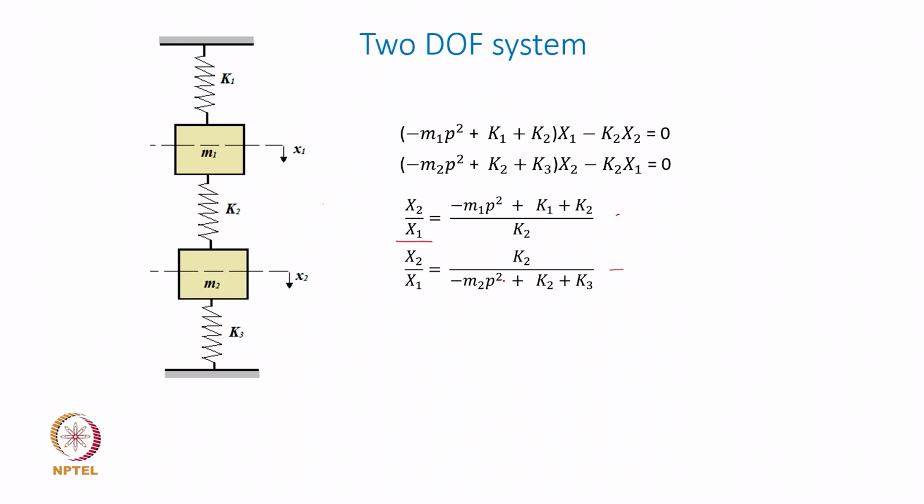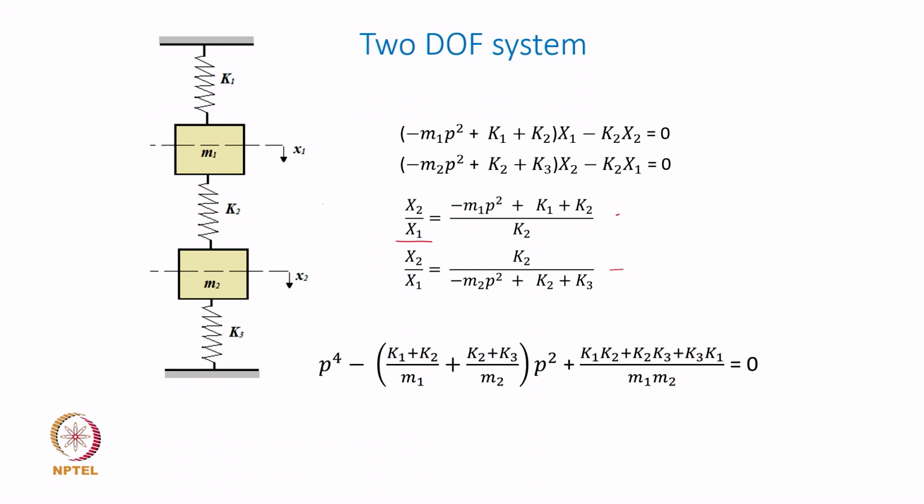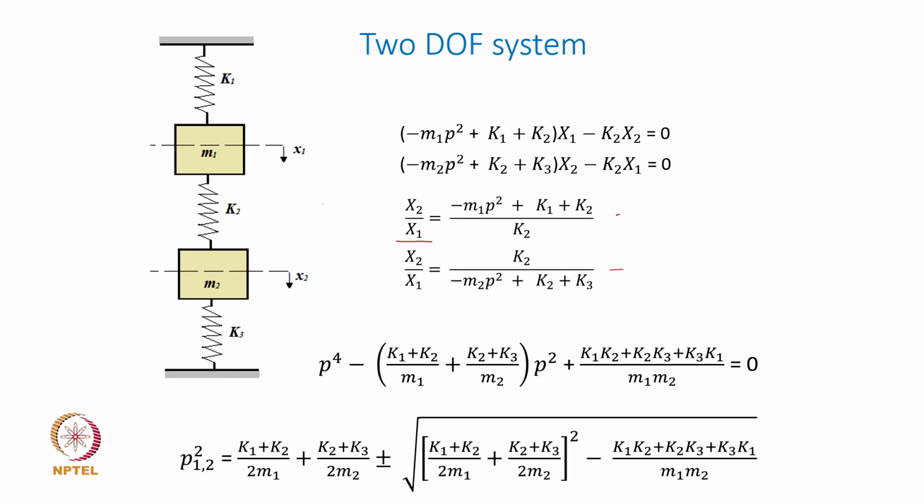And then by equating these two amplitude ratios, we obtain the characteristic equation, a polynomial in p square that gives you the two natural frequencies. So, it indeed is possible that if certain conditions are met, the two masses will move with a frequency given by this expression.